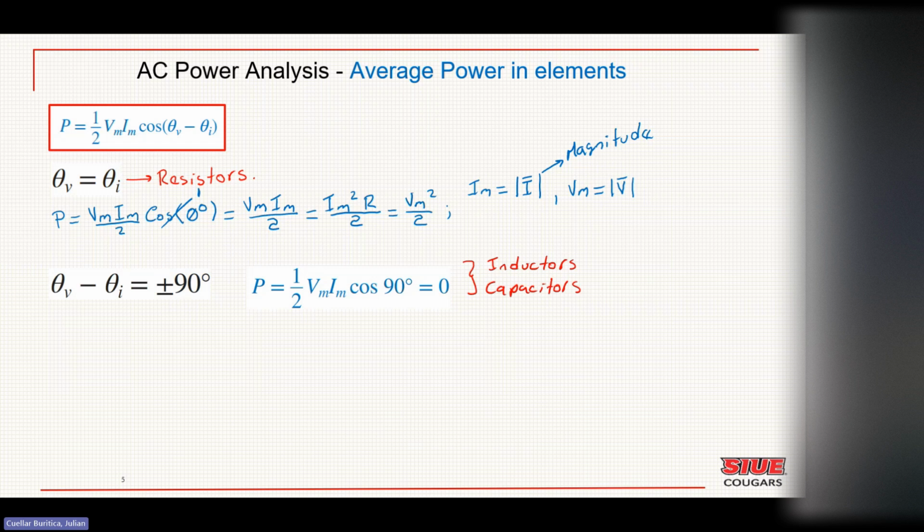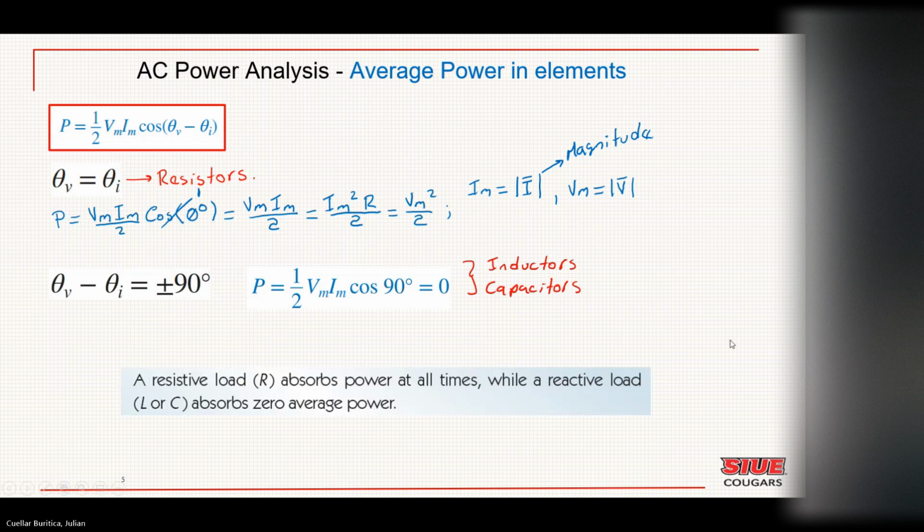It means that now the average power on those components is going to be equal to 0.